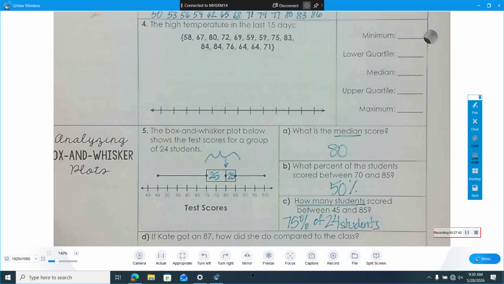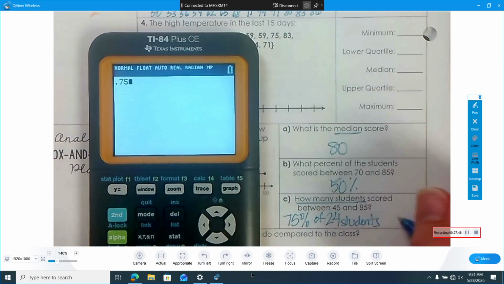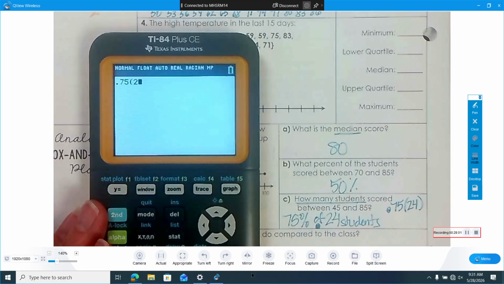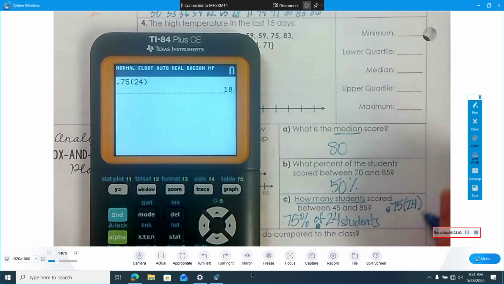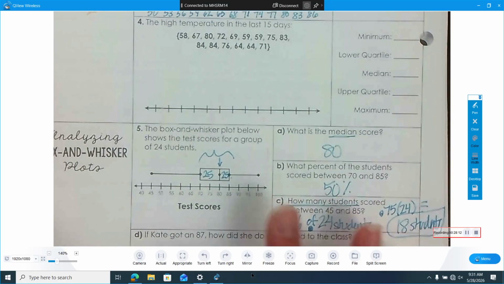You turn it to a decimal. So 75% is what decimal? 0.75, very good. And then what do we do? Times, very good. Multiply. Of means multiply. So 0.75 times 24, and we get 18 students. Yes, of means multiply. All right.